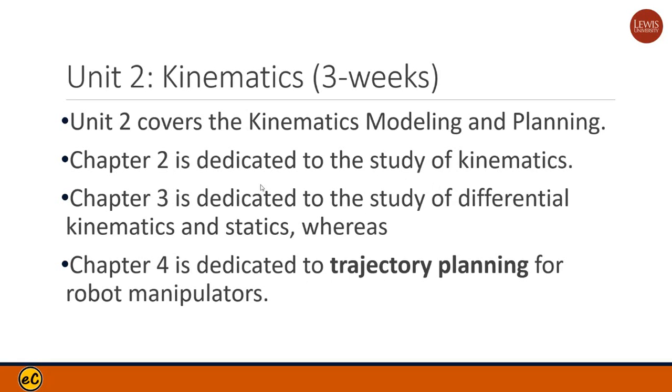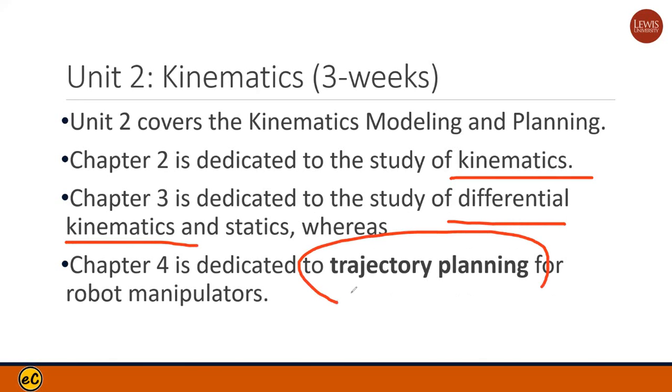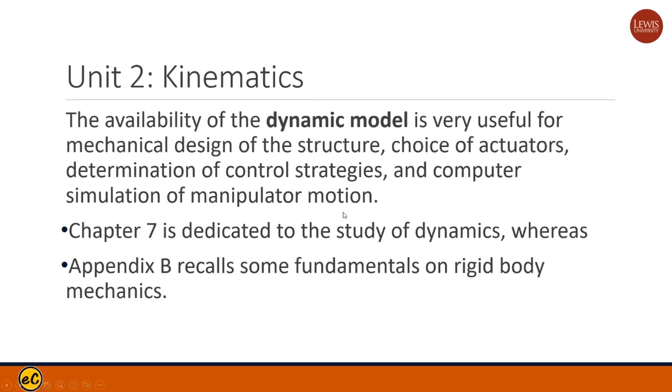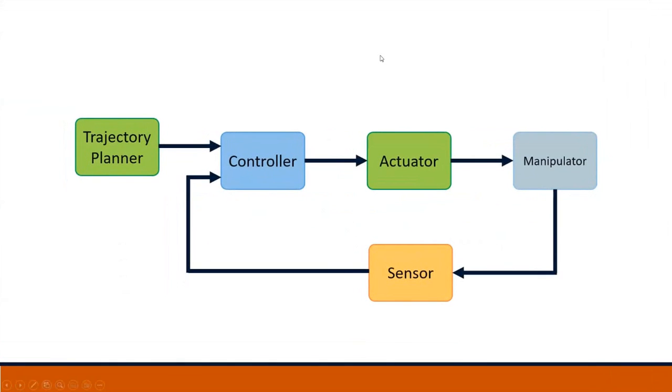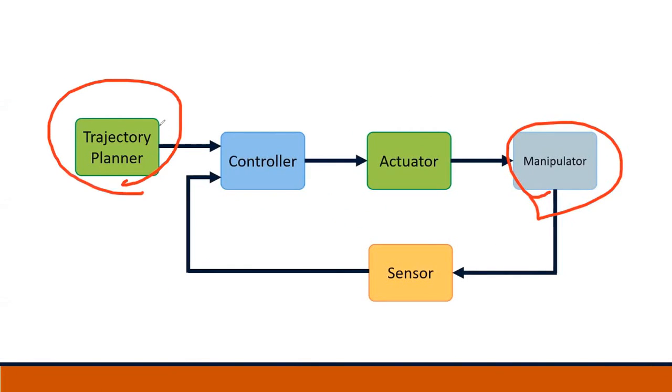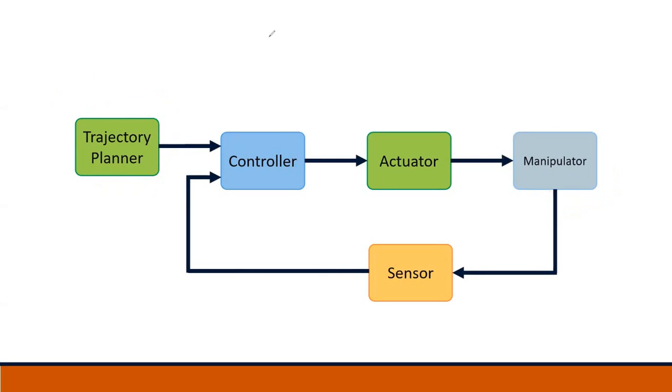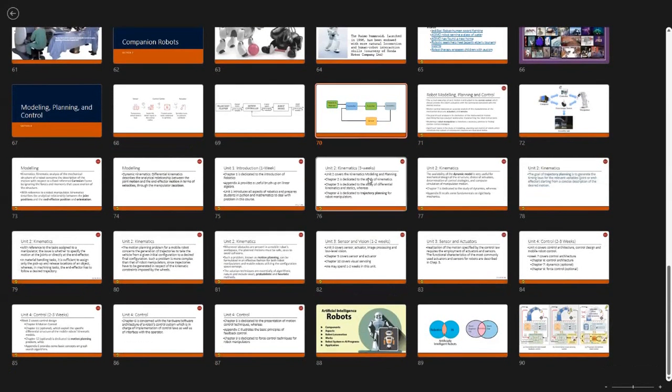After we learn the kinematics and differential kinematics, we start to look at the trajectory planning. So you know where your end effector should be, you know where your manipulator should be. Then you start to do planning, how you control your manipulator so that you go to your desired location at a certain desired speed.